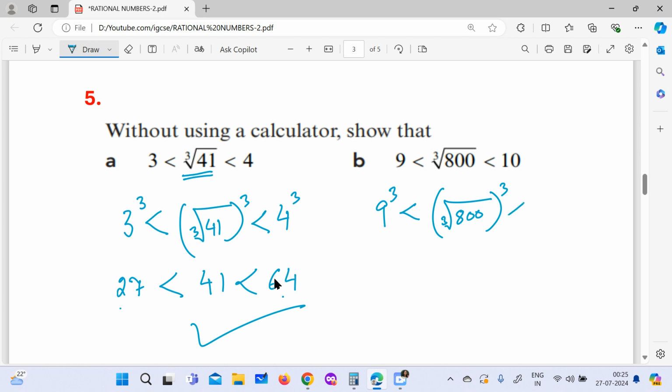Cube root of 800 is cubed and 10 is cubed. Now you get here 729, and when you cube this one you get 800, and 10 cubed is 1000. See, 800 is greater than 729 and less than 1000. So we have shown that cube root of 800 is greater than 9 and less than 10. Easy.